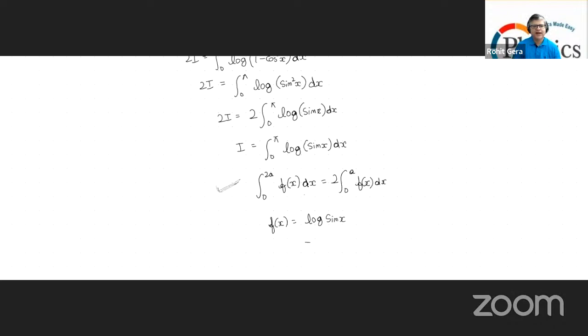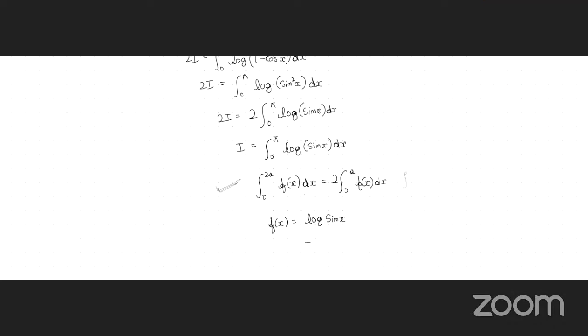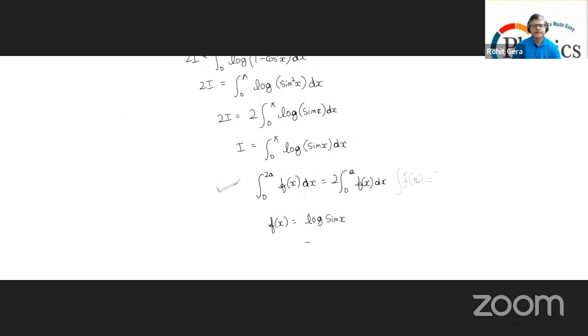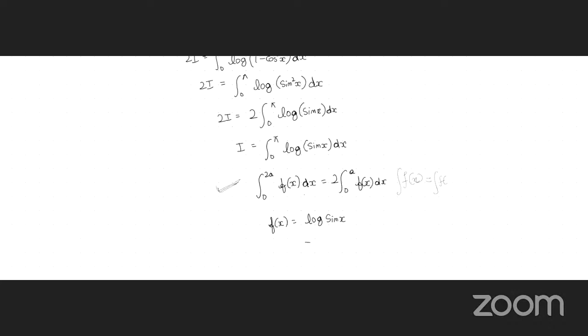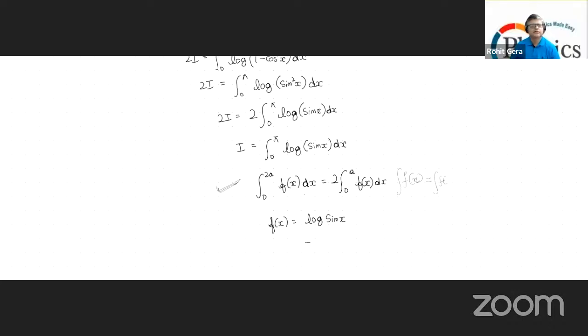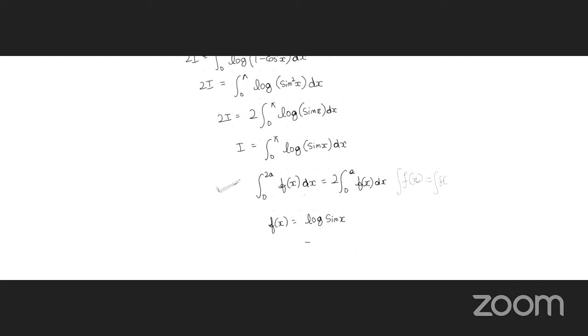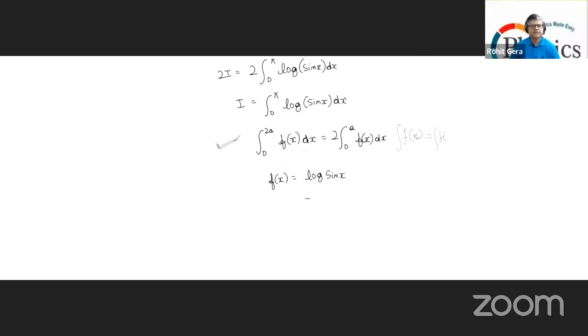When f of 2a minus x is equal to f of x, the property has to be justified and explained. It carries half a mark. Very spontaneously done.